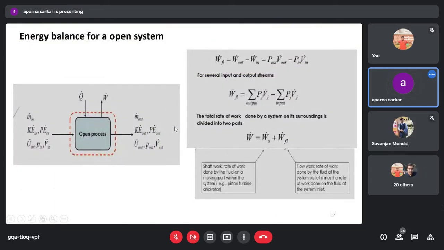If this is an open process, we have a mass flow rate, then kinetic energy, potential energy, internal energy, and pressure and volume.